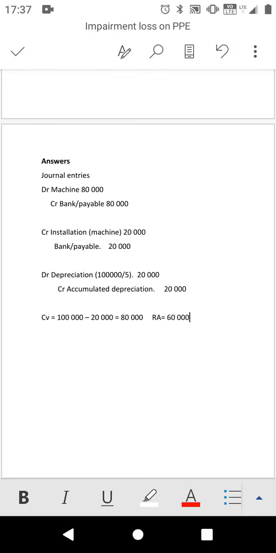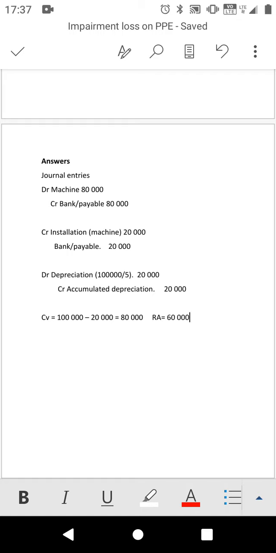Okay, now let's check if we have impairment. The value that we know, or the book value in our books that we know, is 80,000, but we can only recover 60,000 in this machine. There's a loss here because the value that we know that our assets worth is not the real one. The 80,000 is not the real one.